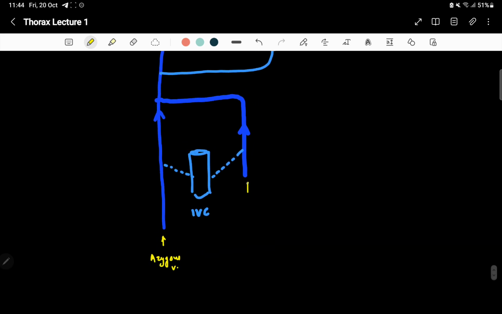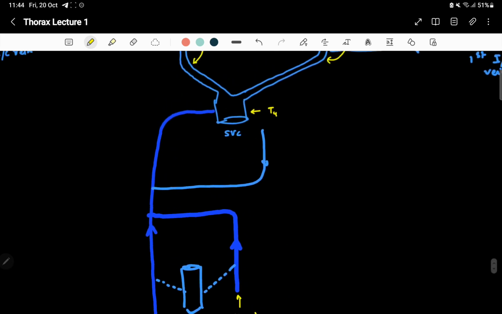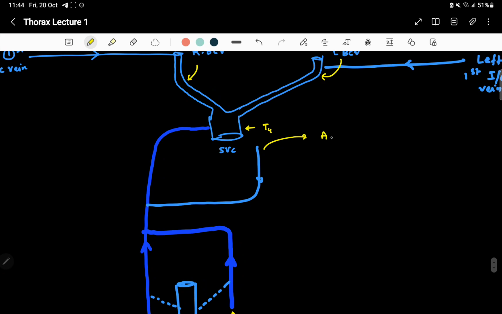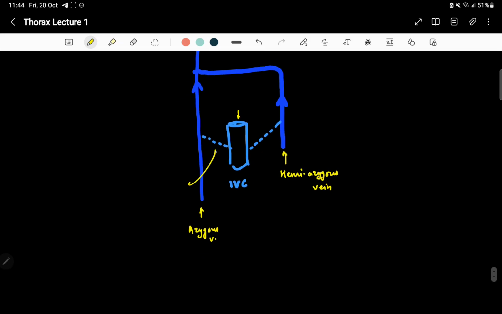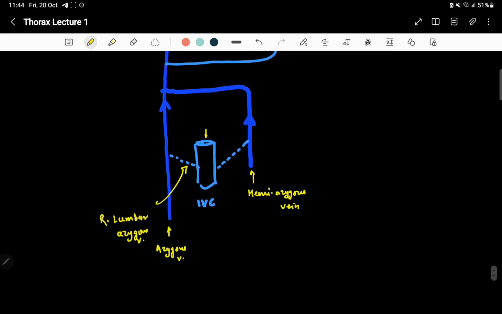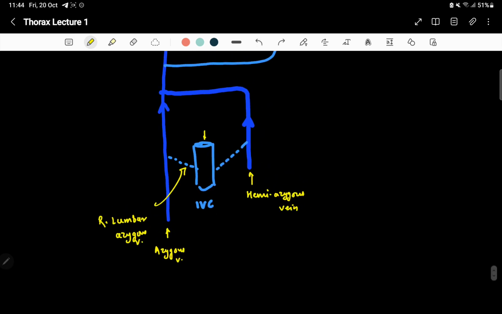This vein is your hemiazygous, and this one is your accessory hemiazygous vein. And this is the inferior vena cava. This one is a right lumbar azygous vein, and this is a left lumbar azygous vein.